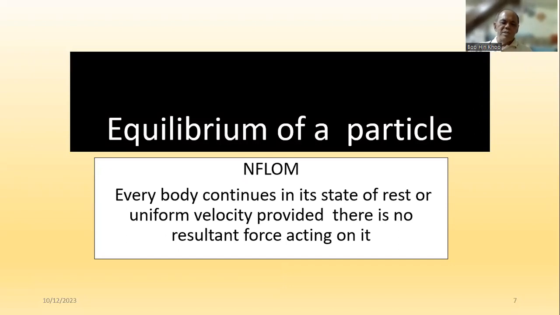So Newton's first law of motion: the body should be at its center of gravity, where all the forces pass through the center of gravity, or it could be a particle or a point.